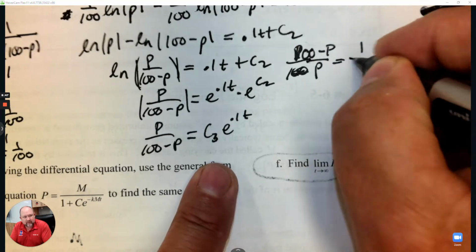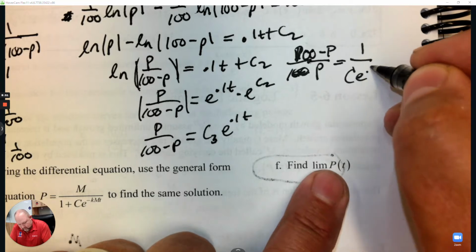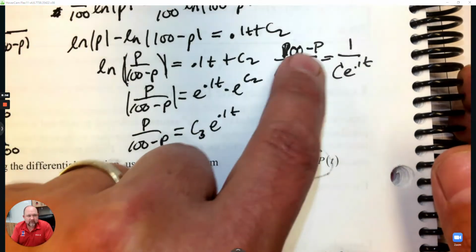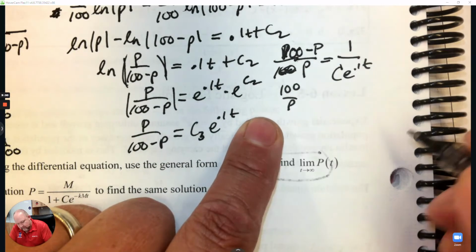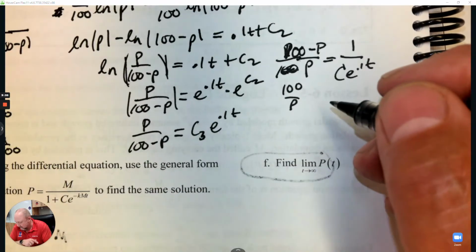And then this just flips it like this. Now I'm going to separate this. So it's 100 over P.